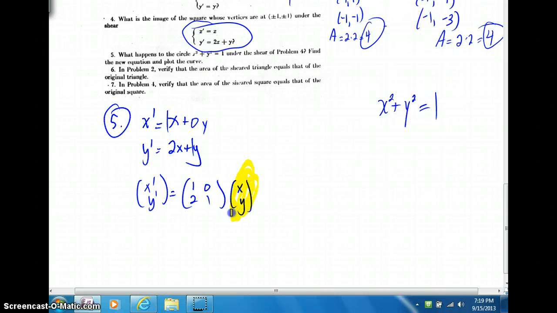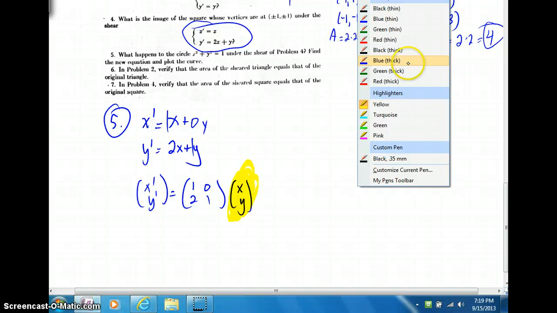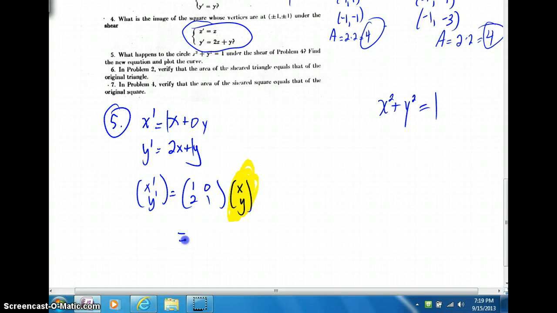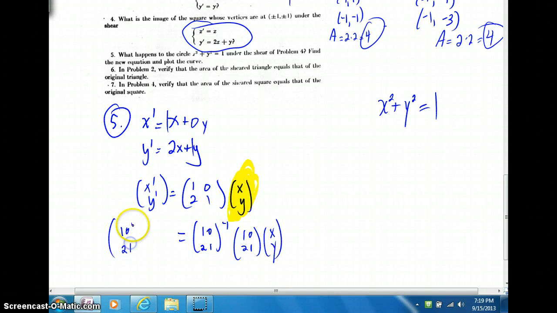You're probably going to remember, I hope, that to eliminate this matrix on the right hand side, we're going to multiply both sides by that matrix's inverse.